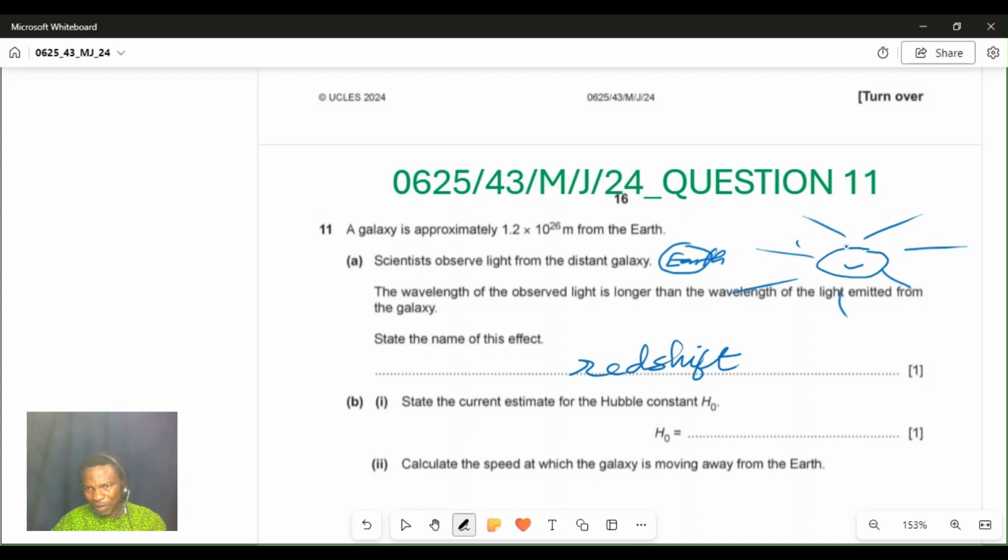The wavelength is released here, but by the time the wavelength is observed here on Earth, the value of the wavelength has gone to B, and this value is higher than this. So that is what we call red shifting. And the slight increase in wavelength can give us a clue to the speed and how far the galaxy is from the Earth.